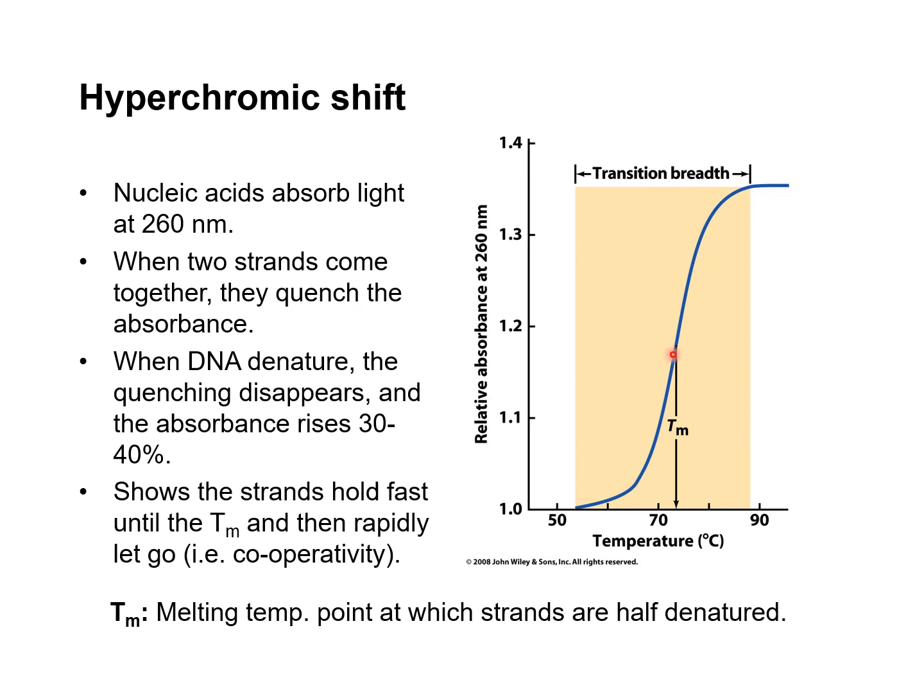But once they pass this midpoint, at a higher temperature, the DNA is denatured, the quenching disappears, and the absorbance rises 30 to 40%. That means that around this midpoint, which is called the Tm, or the melting temperature, there's a rapid change from the native form to the denatured form of the double strands.